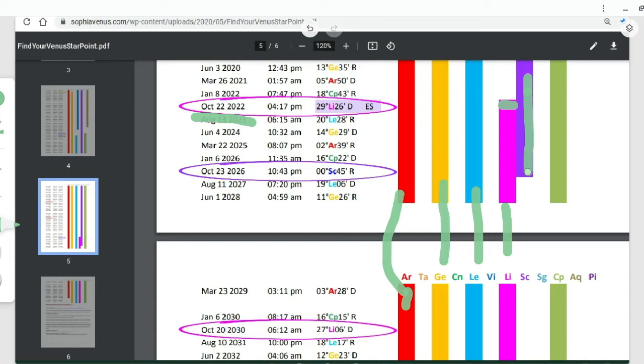So they do overlap a little bit because on October 23rd, 2026, that's 4 years from now, we will see a conjunction happening again in Scorpio. But that will be the last conjunction that happens in Scorpio for over 100 years.